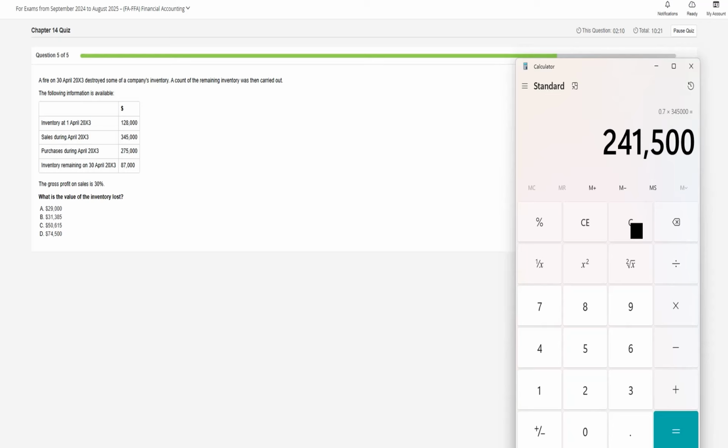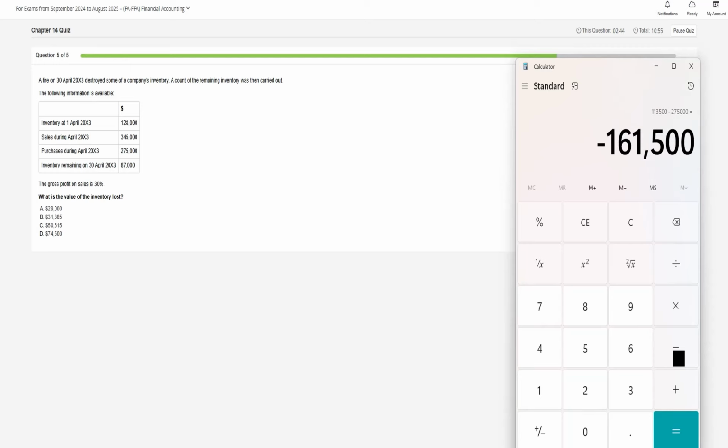So the formula is cost of goods sold equals opening inventory plus purchases minus closing inventory. As we need to find the closing inventory, let me show you. This one is the cost of goods sold, right? So we will deduct the opening, 128,000, as well as the purchase amount, 275,000.